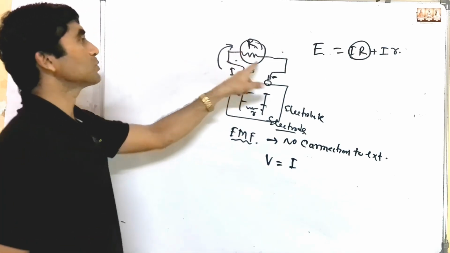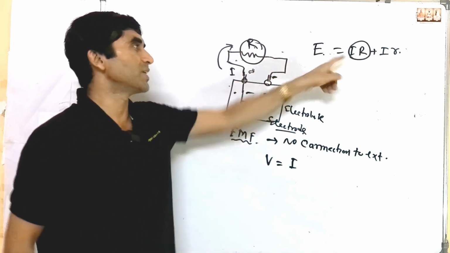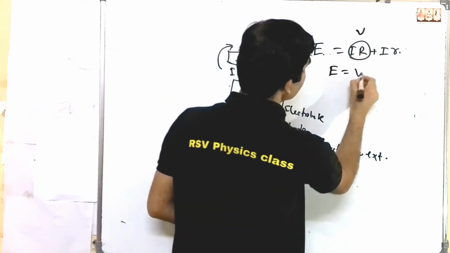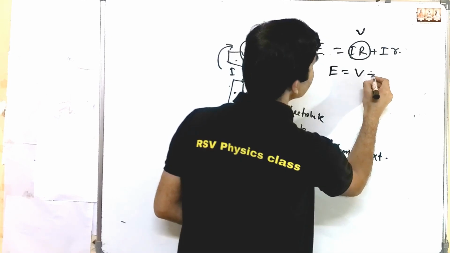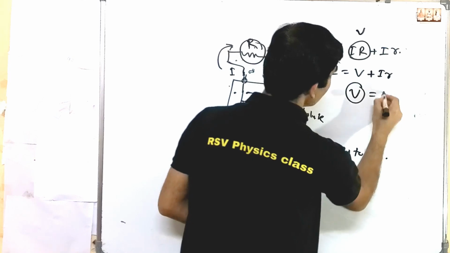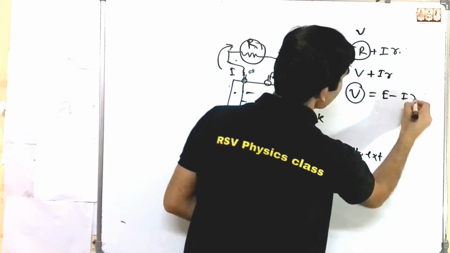The actual voltage we are getting from the cell is V. So actually EMF is equal to V plus Ir. So the actual voltage you are getting is equal to E minus Ir.